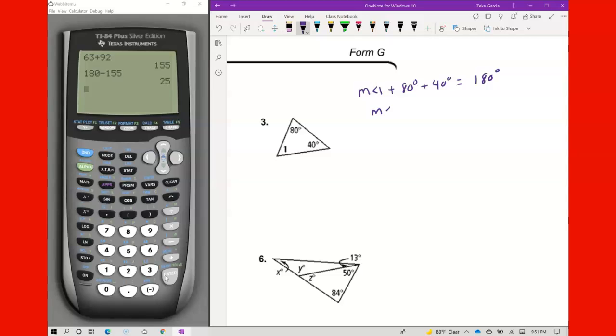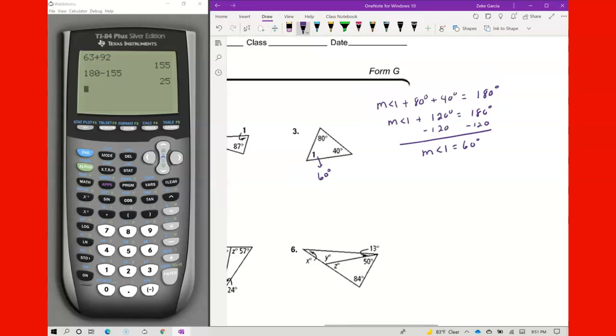So we have the measurement of angle 1 plus 120 degrees is equal to 180 degrees. We're going to subtract 120 from both sides. So we know that the measurement of angle 1 gives you 60 degrees. So that is 60 degrees. So that was 1, 3.